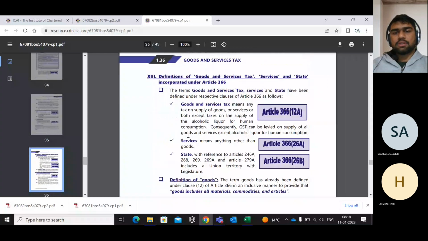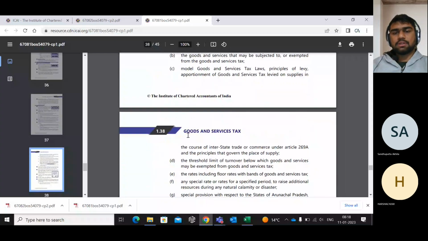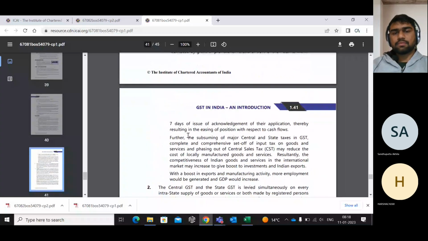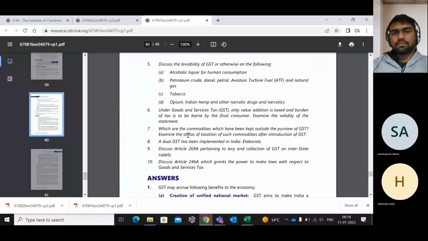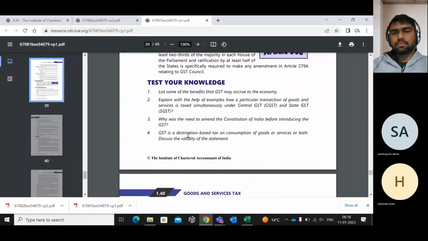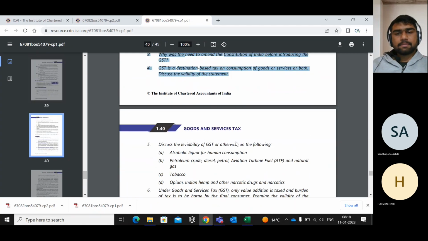All these are about the constitution theory part. So you can have these questions also. If you have any doubts, we will look into them in the next session.